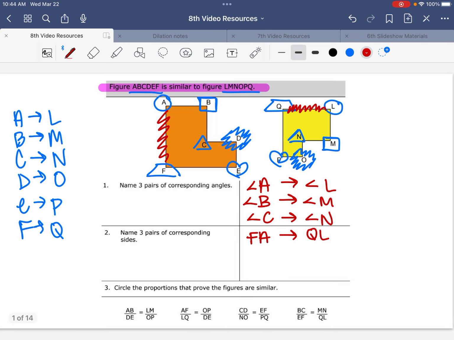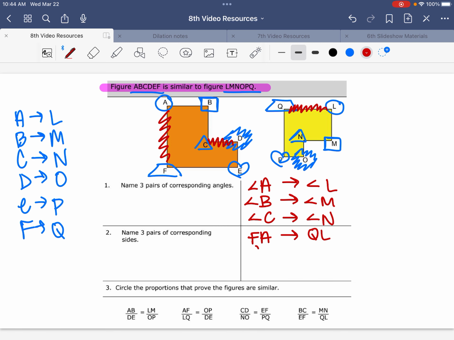And the same if I say side CD, that would correspond with side NO. Notice it's not always going to be in what you think is the exact same spot, because shapes might be turned. They might be rotated. And one final pair of corresponding sides, we can say that AB corresponds with LM.